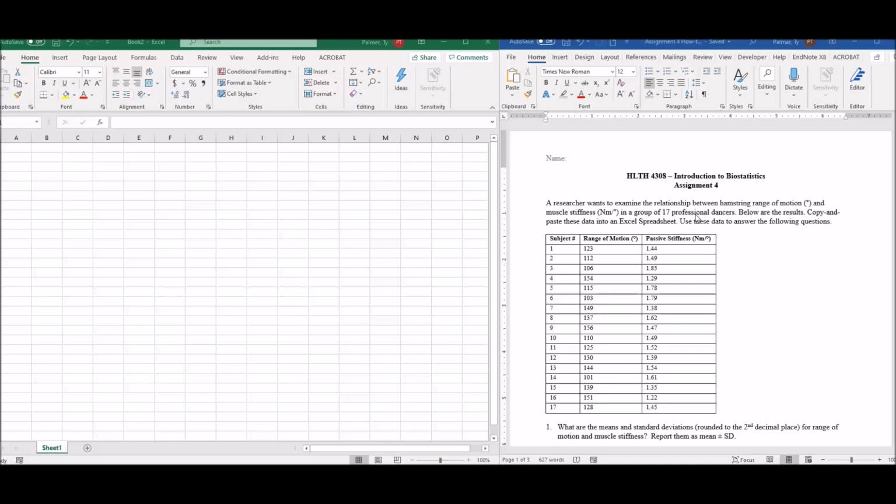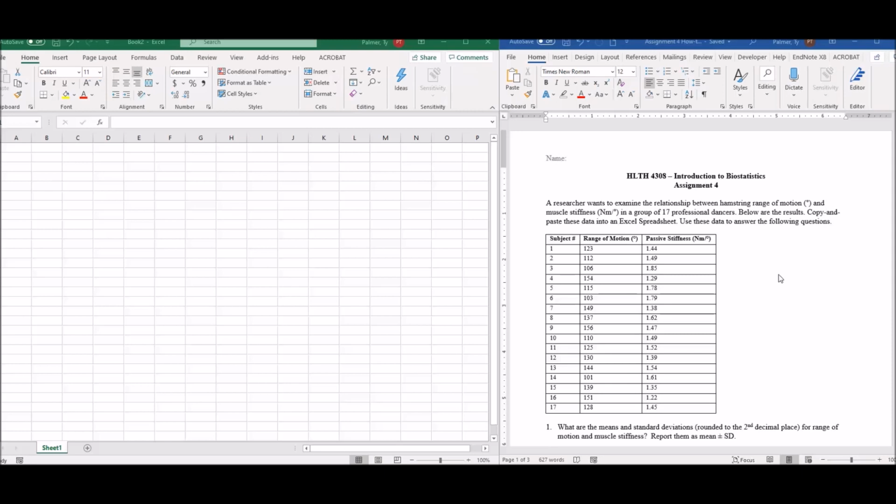Take a look at the sample that we're going to be looking at in this how-to video, professional dancers. Now, in your assignment number 4, you're going to be doing the same thing. You're going to be examining the relationship between hamstring range of motion and muscle stiffness, but it's going to be in a group of female gymnasts.